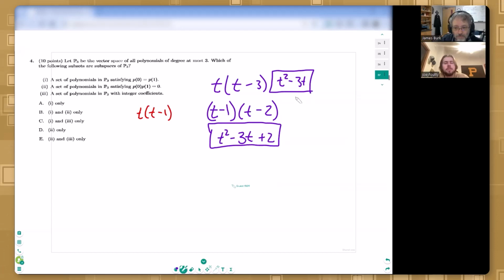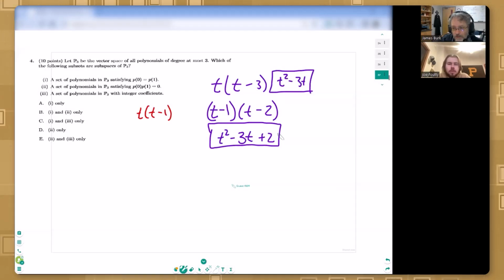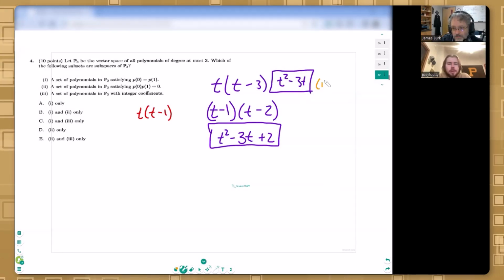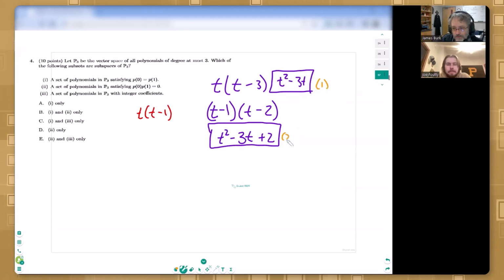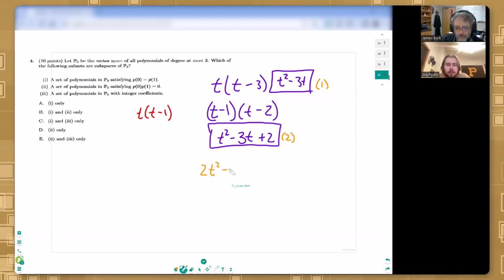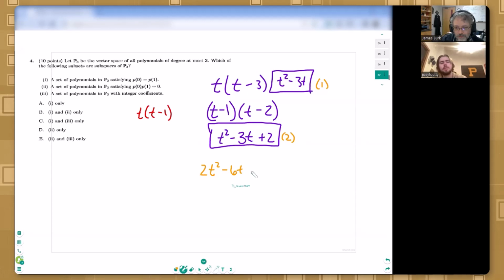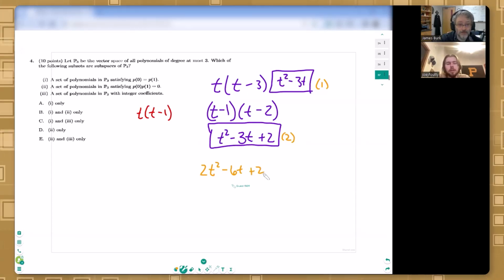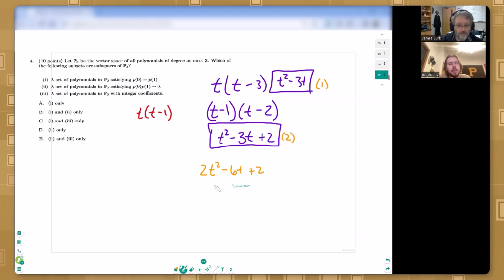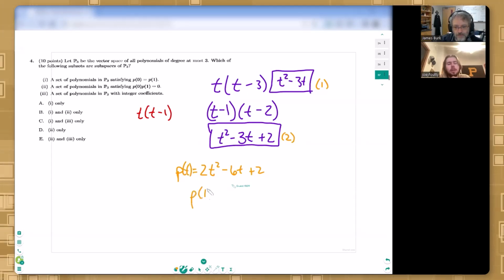Okay. Now, Joey, what would happen if you took this equation and you add it to this equation? You get 2t squared minus 6t plus 2. Okay. What if you were to plug in 1? Let's just call this p of t for a second. What would you get?